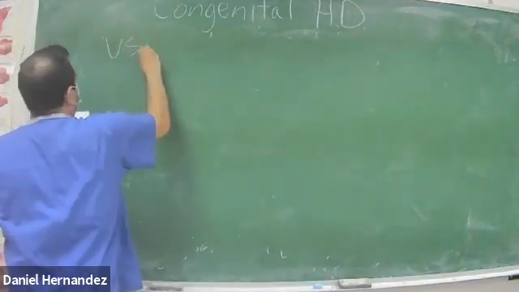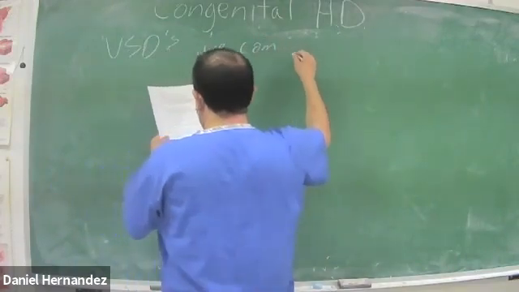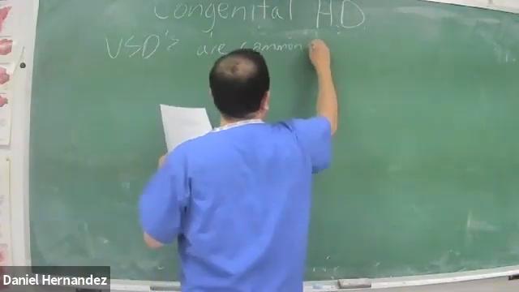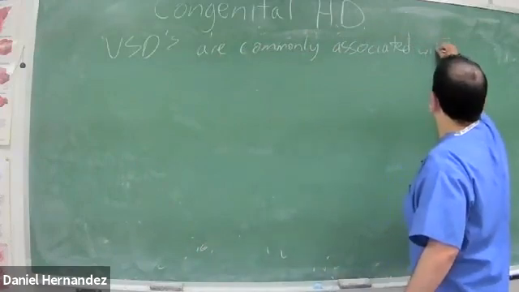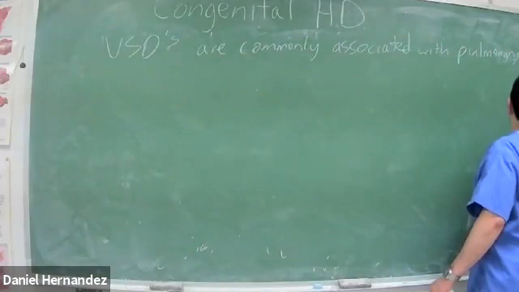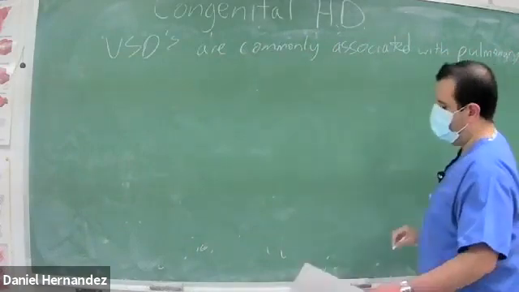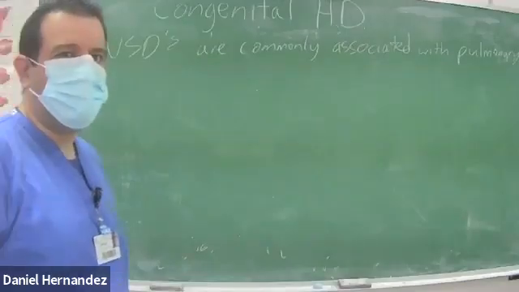VSDs are also commonly associated with pulmonary atresia, which is underdevelopment of the pulmonary artery.